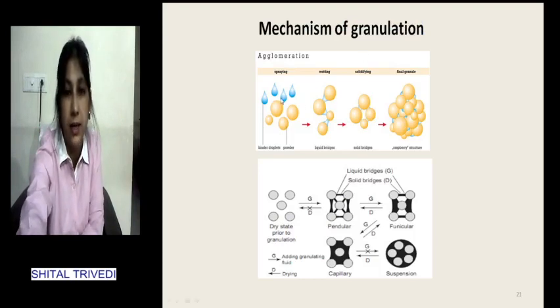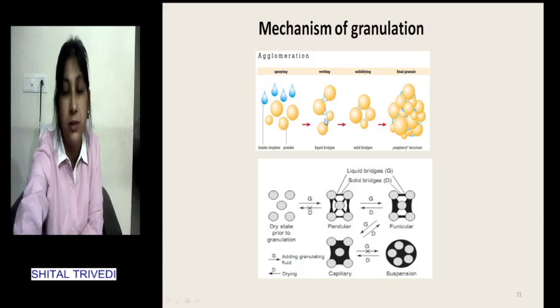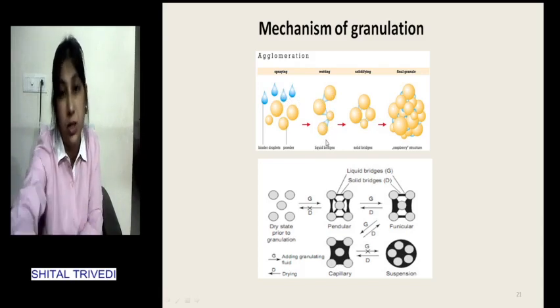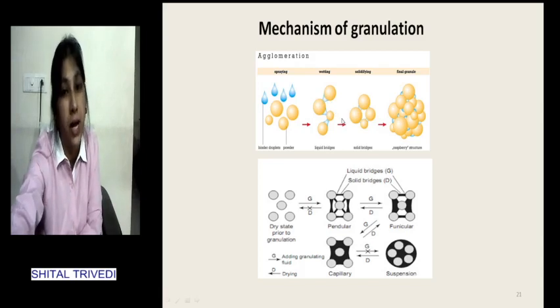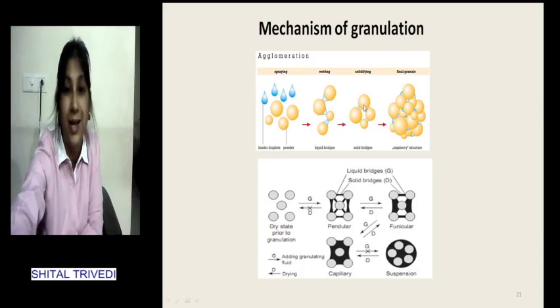Here in this diagram we can see the liquid bridges formed between the particles, and in the later stage of drying, the evaporation of this liquid results in the recrystallization of the binders, or curing of the binders, or fusion, and that results in solid bridges.